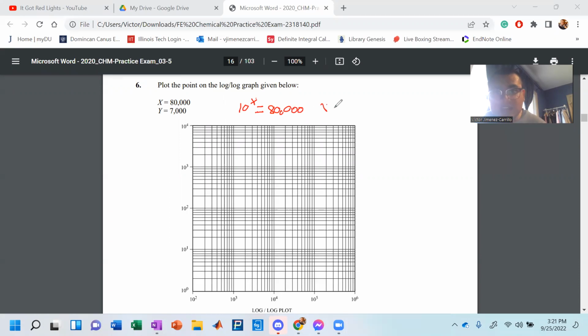Which is the same thing as saying x is equal to log base 10 of 80,000.